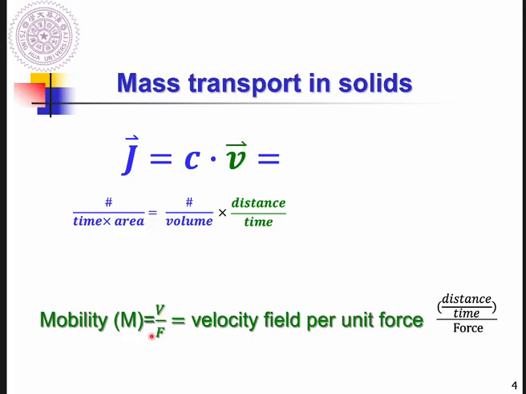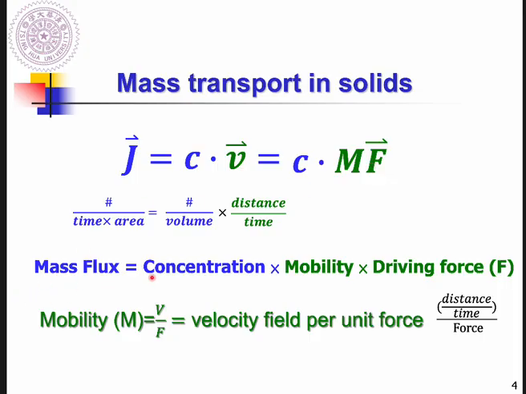So we can use the mobility times the force to replace the velocity term. We get mobility times driving force, and as you know, the driving force is also a vector. So we get the flux equals mobility, concentration, driving force. This is the equation you learned before, but now you know how it gets here. Mass flux can be written as the concentration of diffusing atoms, the mobility of diffusing atoms, times its driving force.